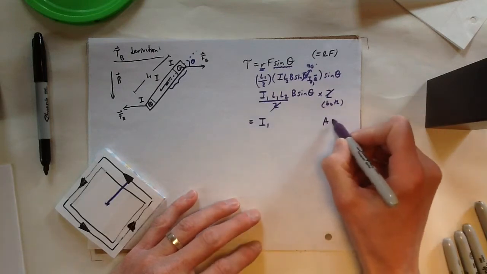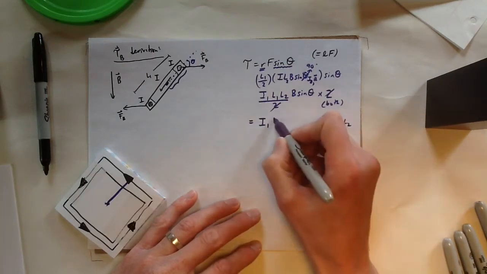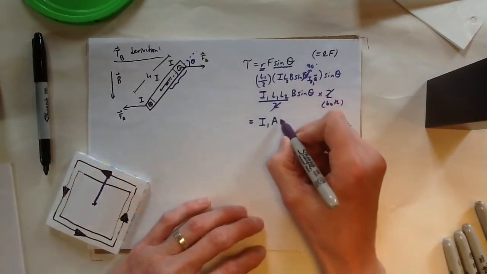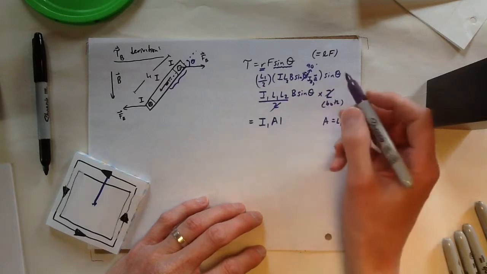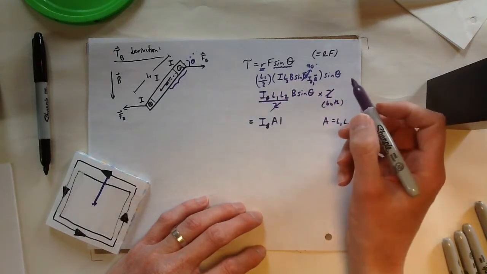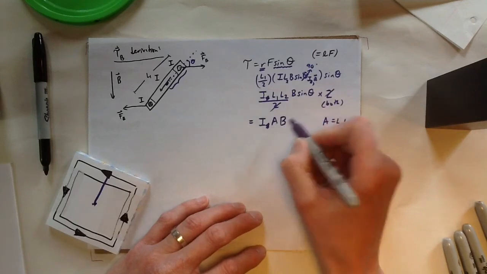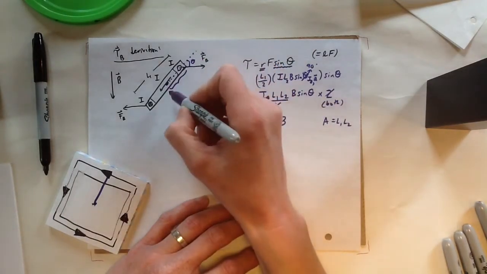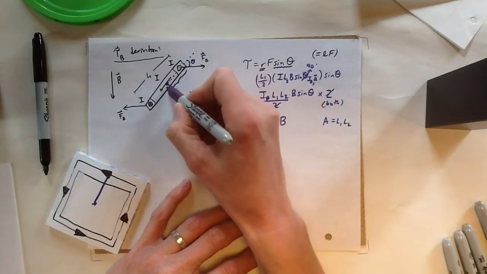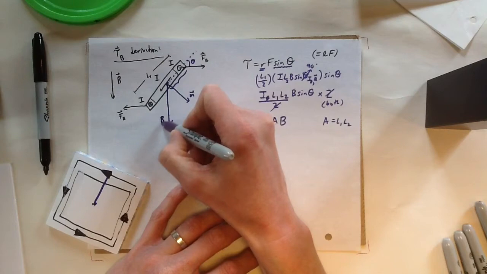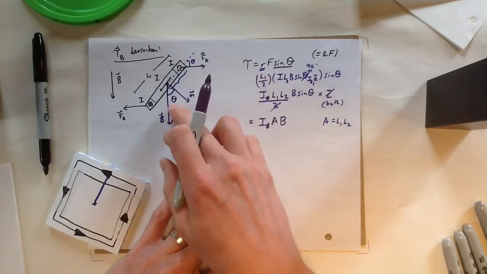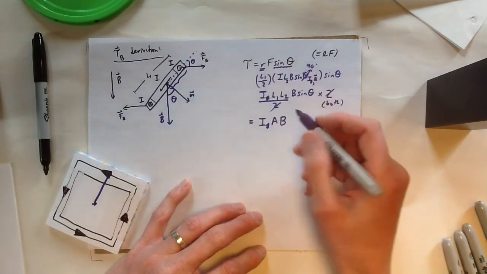Let me note that the area of the loop is L1 times L2, right? Length times the other dimension. I don't know why I added an I1 here, so that doesn't need to be there. And then B, and then this theta is actually, if I draw in my dipole vector pointing like this, and my magnetic field pointing like this, just copying it from over here, and if you don't see it right away, you can convince yourself that those are the same angle.